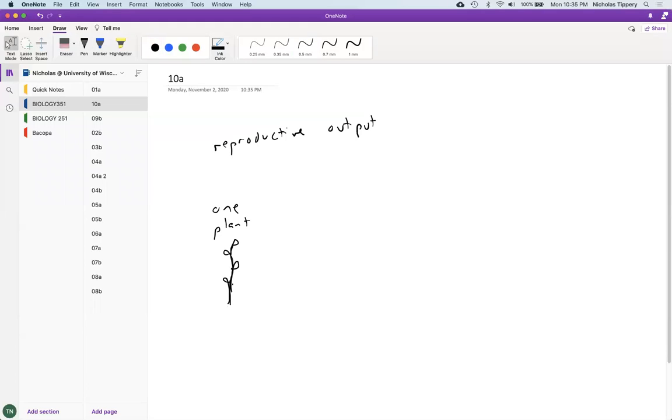Okay, so how many seeds per plant is dependent on, where do you find the seeds? So you got a number of, well, on that same plant, you can have lots of flowers, a small number of flowers.